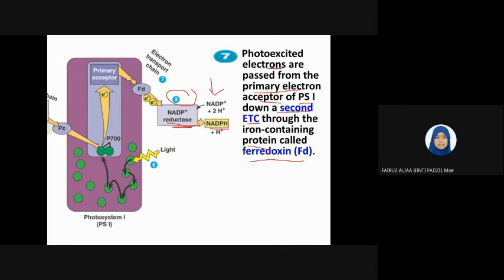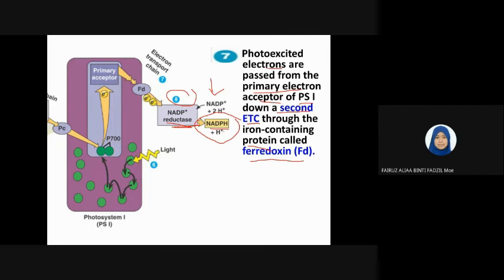It's just that NADP plus has an extra phosphate group, which is why it's called NADP plus compared to NAD plus. NAD plus doesn't have a phosphate group. But they have the same function: NADP plus accepts electrons and is reduced to NADPH.